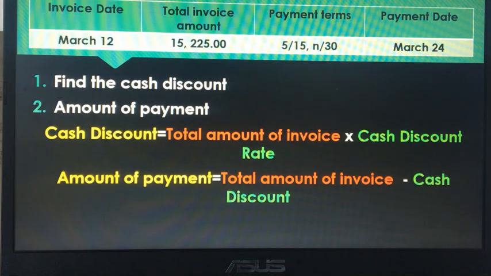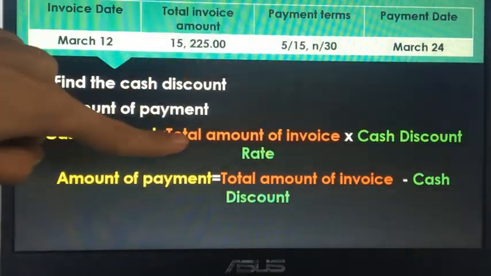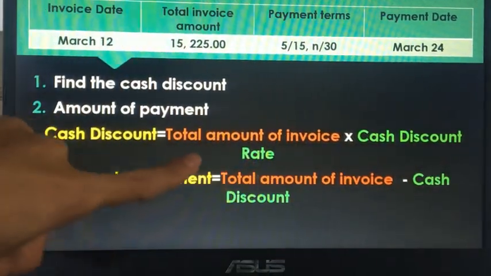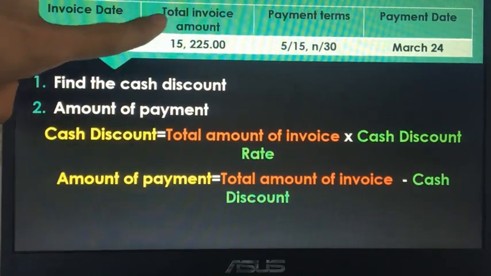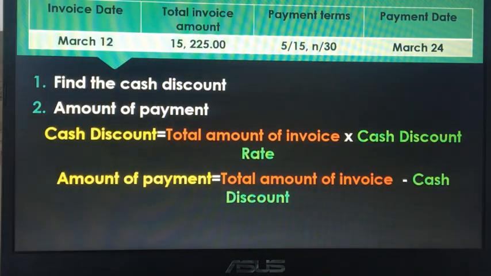Here are the formulas for solving the cash discount and the amount of payment. Cash discount is derived from the total amount of invoice multiplied by the cash discount rate. You can see the total amount of invoice here, and the cash discount rate depends on the situation.